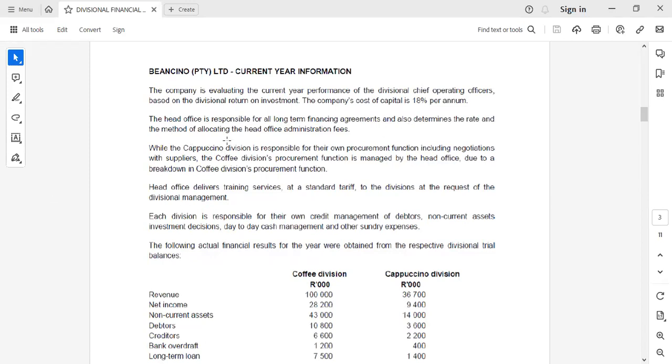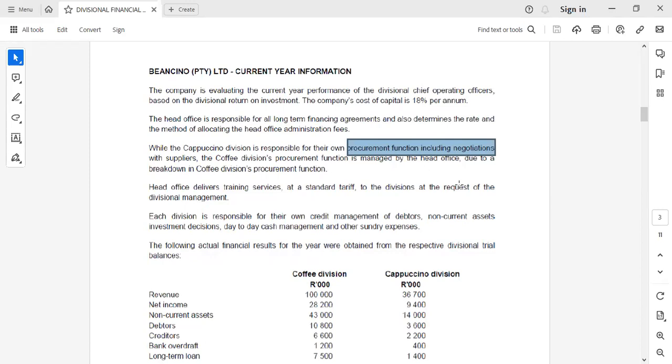Right. While the cappuccino division is responsible for their own procurement function, negotiations with suppliers, the coffee division's procurement function is managed by the head office due to a breakdown in coffee division's procurement function. So cappuccino is responsible for procurement, but coffee is not responsible for their procurement.